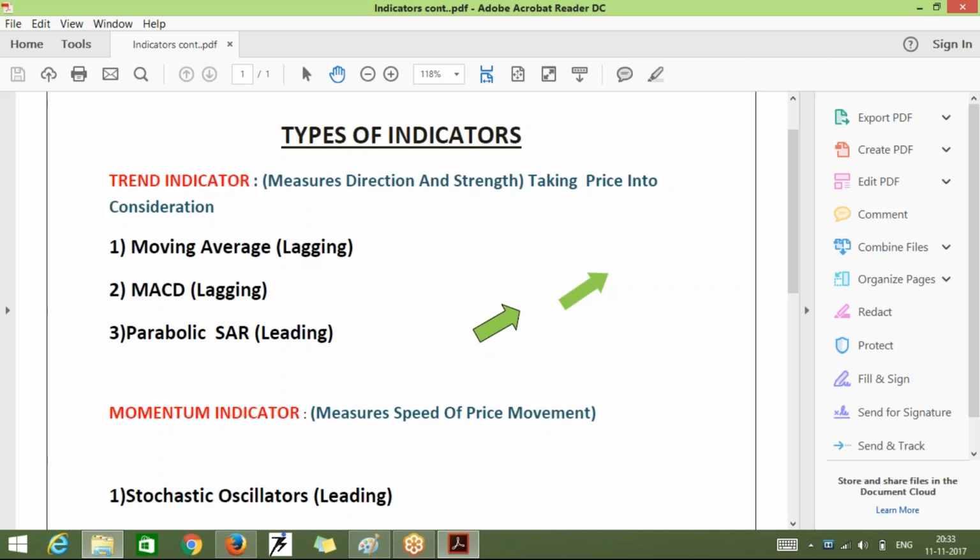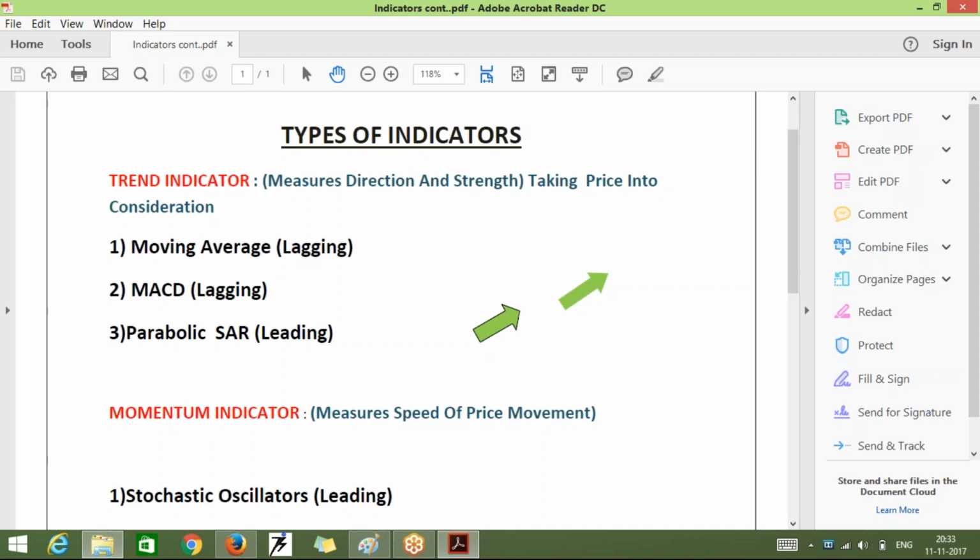A trend indicator measures direction as well as strength, but the major part is measuring direction, taking price into consideration. Almost every indicator takes price into consideration and is developed from it.